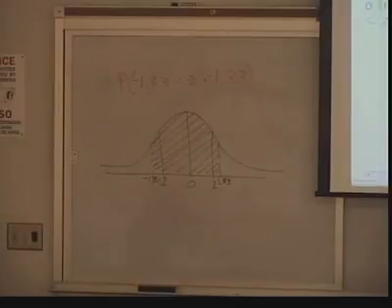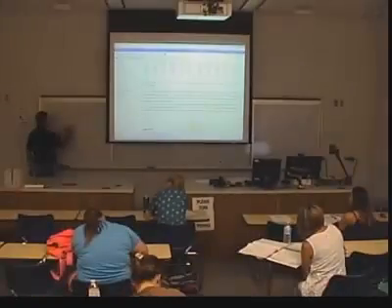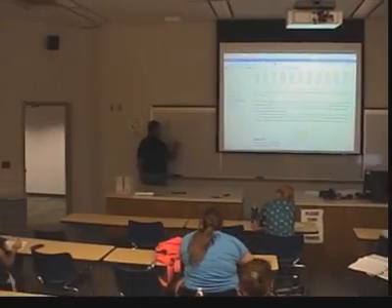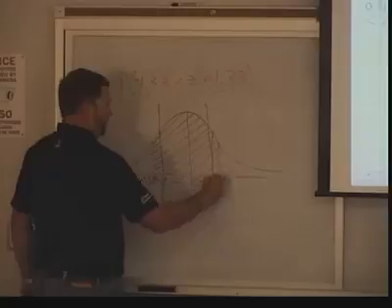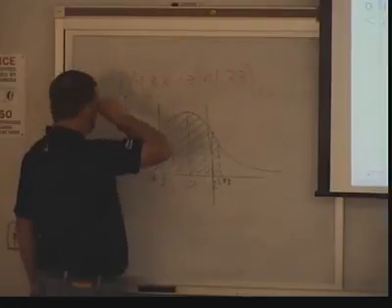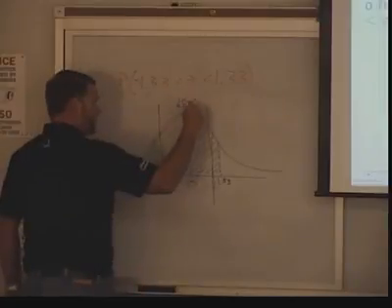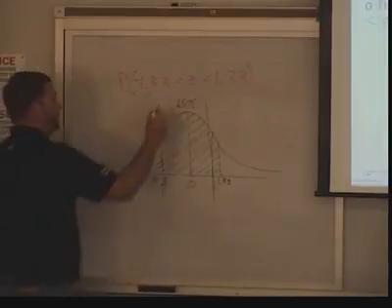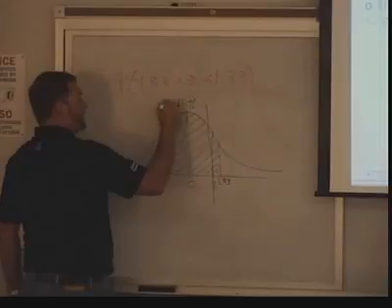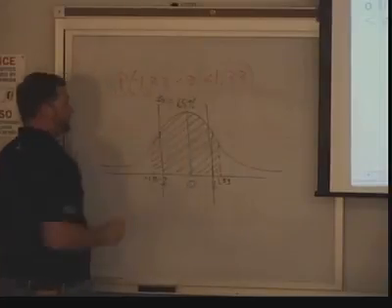Everybody following me? What's the area between one standard deviation? Right, what's this area? Well, what's the area, the empirical rule, 68%, or 0.68? Right, 68%, which is equal to 0.68, same thing.